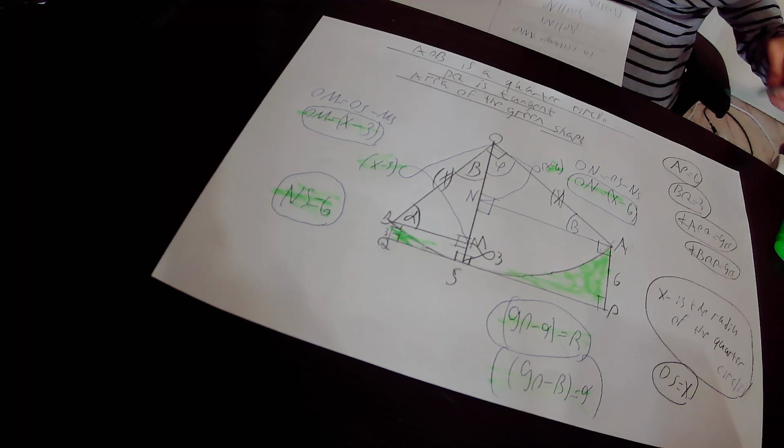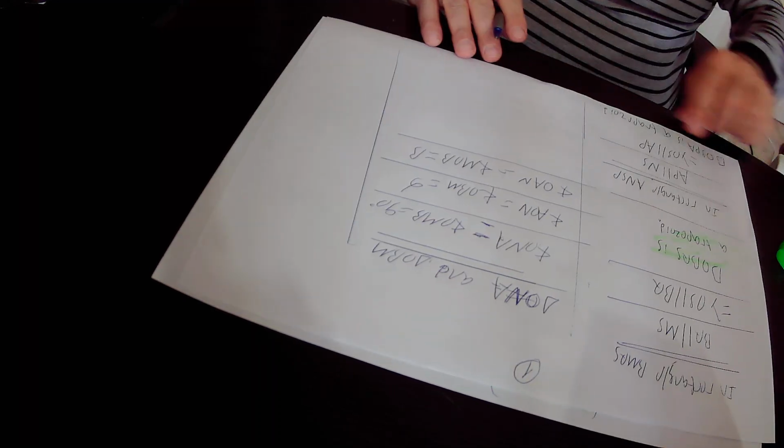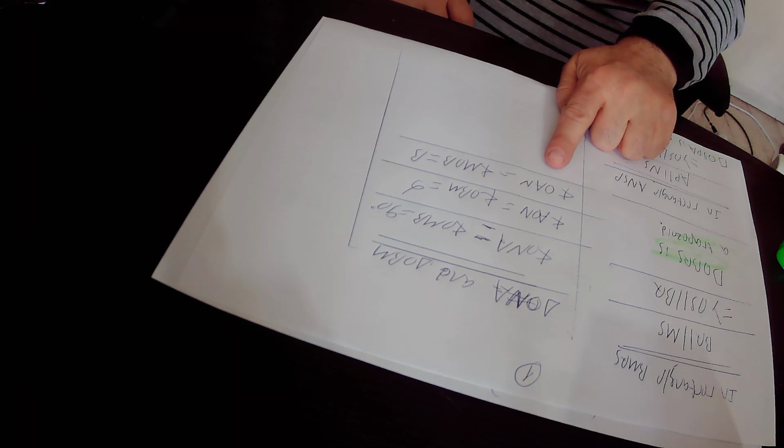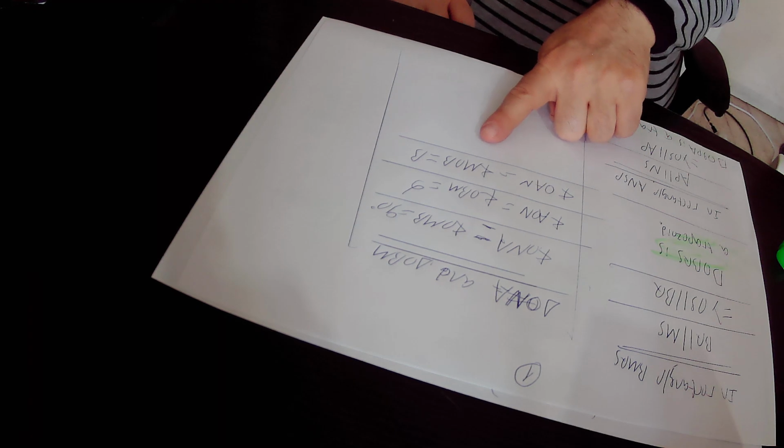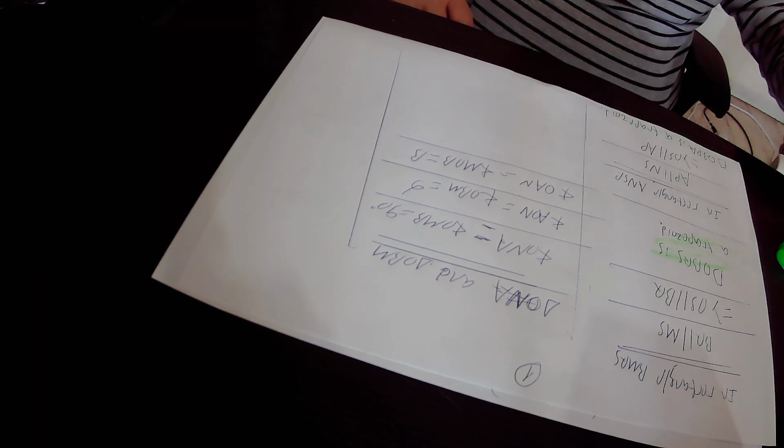Repeat again. Angle OAN in the right triangle ONA equals angle MOB in the right triangle OBM. They are both equal to beta, therefore they are equal to each other.